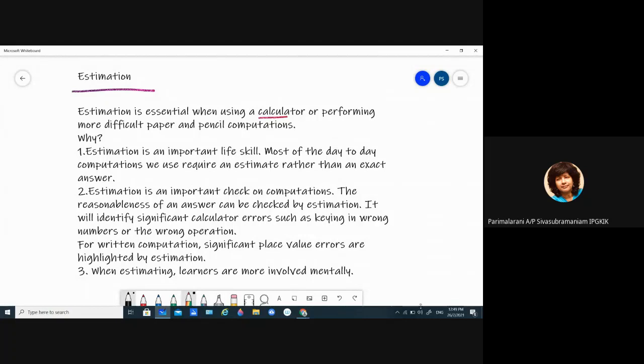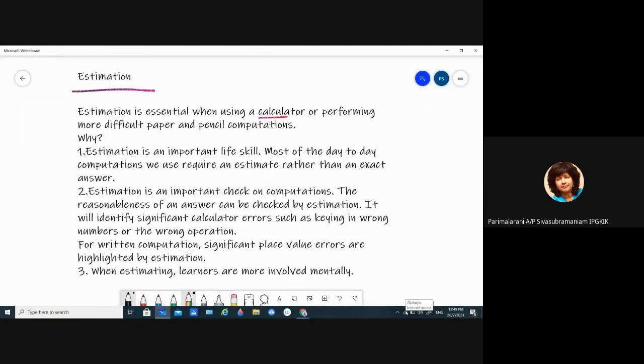You have to do the estimation first, and then only the teacher allows you to calculate. Although it is quite tedious and not everybody likes to do that, it's very necessary. Estimation is a very important skill and must be taught, especially when you work with money and decimals. It is very important to teach children to estimate first and then only calculate.